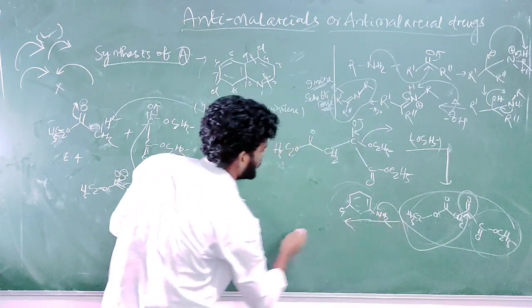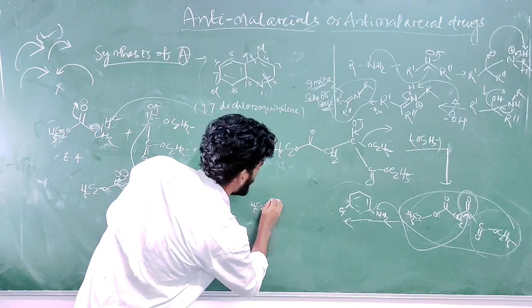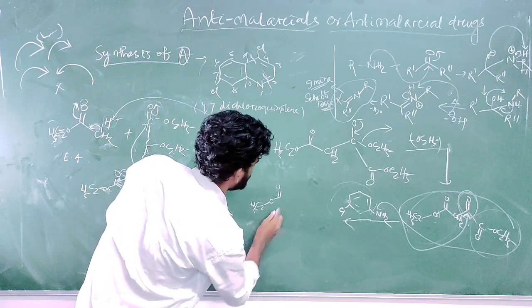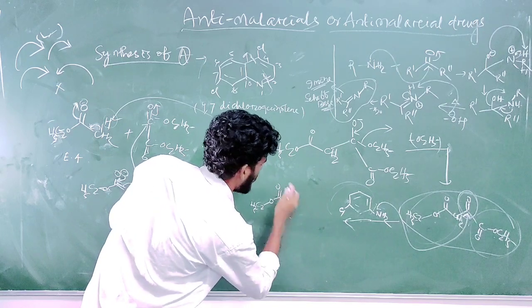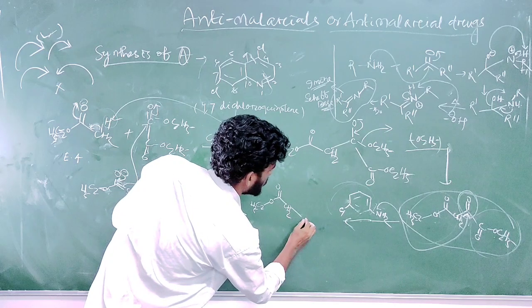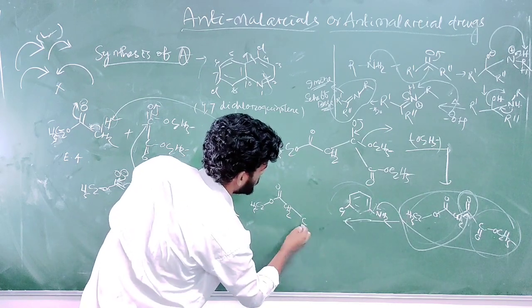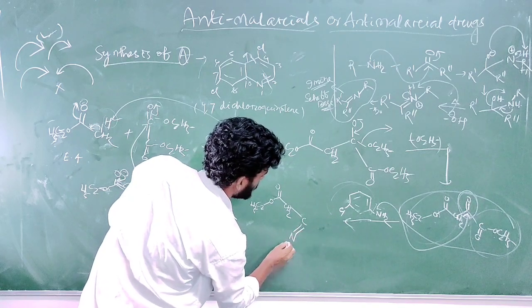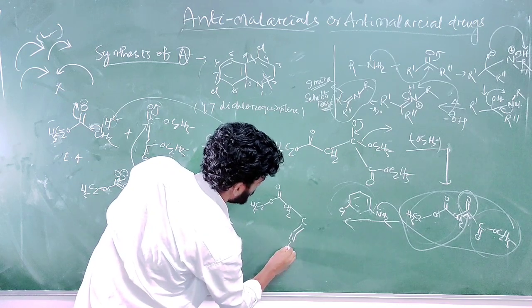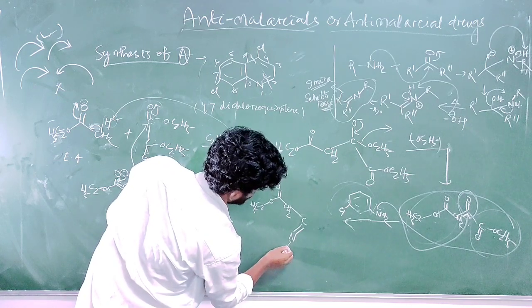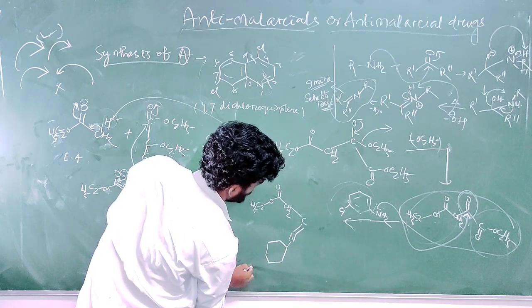So what will form? C double bond N will form, and C2H5O carbonyl CH2, and then this carbon attacked by nitrogen, the carbonyl carbon, will form the enamine N. Okay, so there is a single bond, then the single bond attached to the phenyl group.